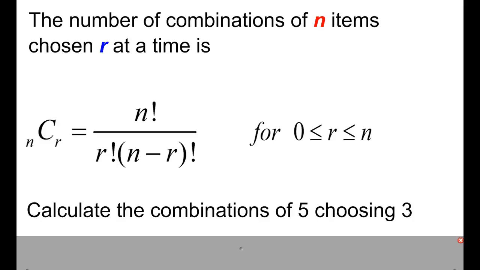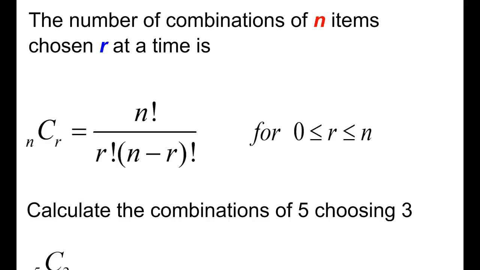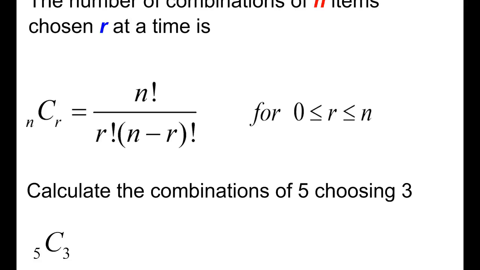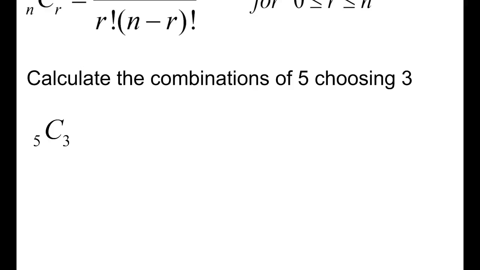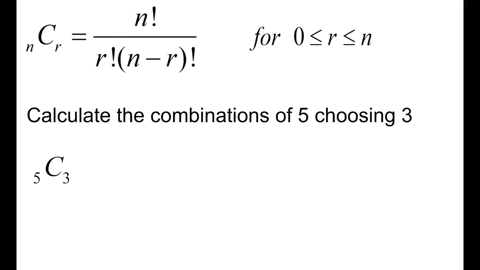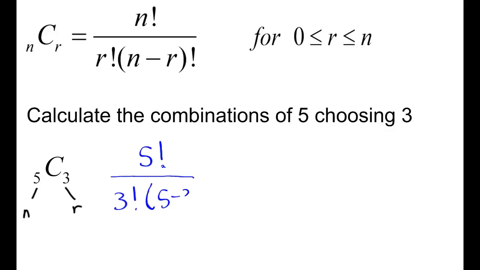So I want you to calculate the number of combinations of 5 choosing 3. So we're going to plug in the formula. We can do this by hand. This is my n. This is my r. So my number of combinations here are going to be 5 factorial over 3 factorial times 5 minus 3 factorial.